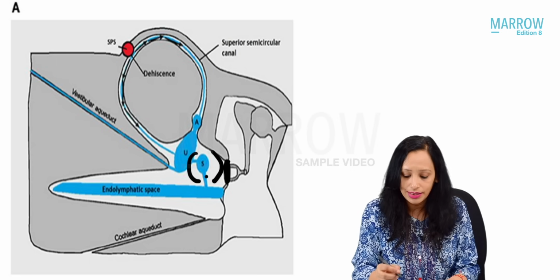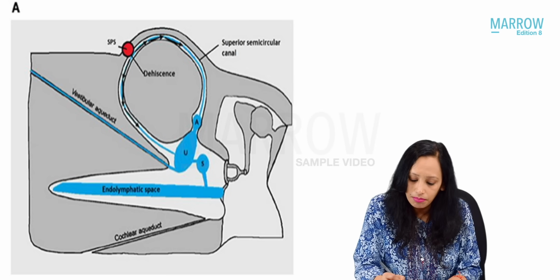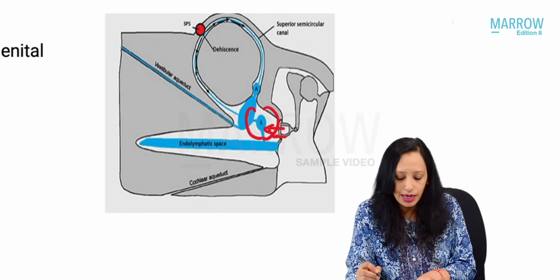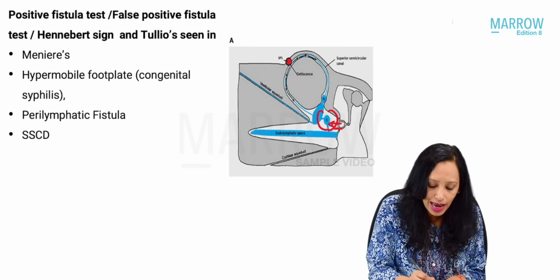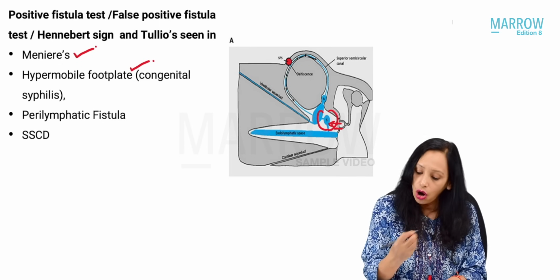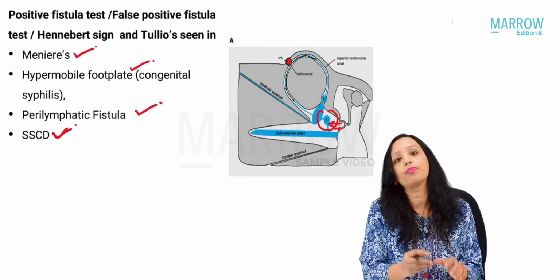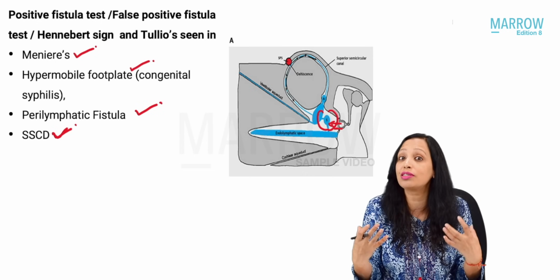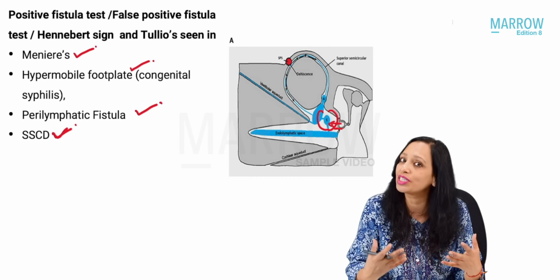Abnormal proximity can happen when the utricle and saccule are dilated, as in Meniere's, or when the foot plate is hypermobile, as in congenital syphilis, or when there is a fistula on the medial wall, or as we just saw, in superior semicircular canal dehiscence. Whenever the loud sound and pressure changes reach the inner ear, they do not only lead to this normal reflex, but they lead to hyperexcitability of the inner ear, leading to vertigo.